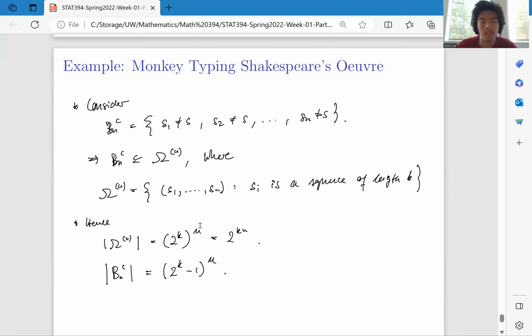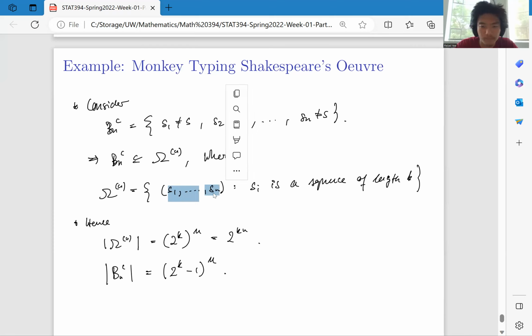So we consider Bn complement happens when all of the subsets we find out that S is not in those previous S. So in this case, if Bn complement belongs to the omega, then omega n is equal to the sequence of length k, which means it's S1 to Sn.